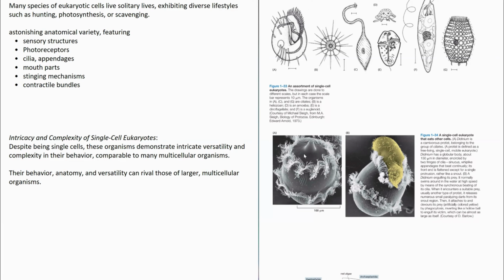Here you have a heterotrophic protist, Didinium, belonging to a group of ciliates with these little hairs, coming in and engulfing another cell.